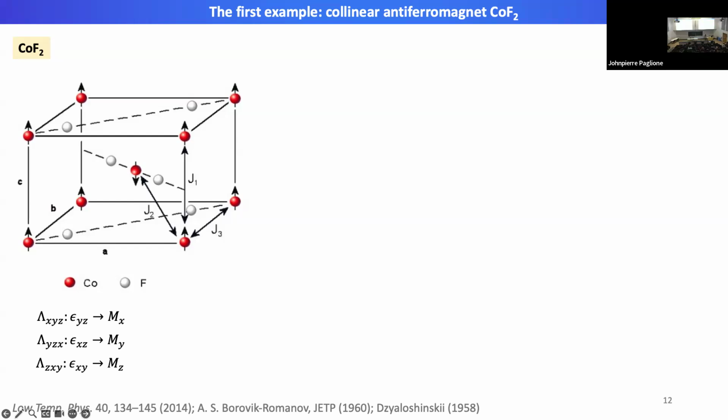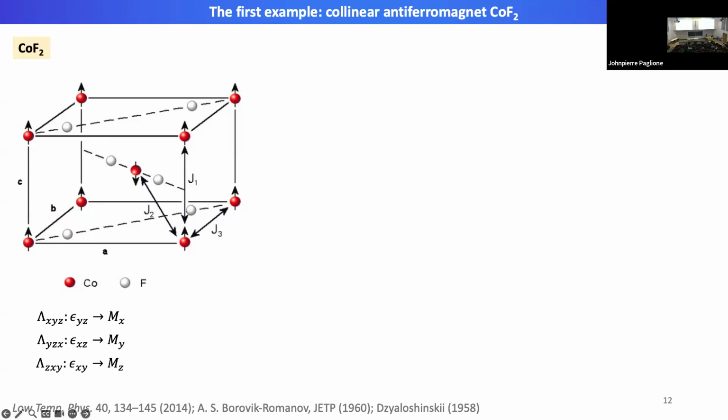Here you have a tetragonal crystal, and there are two kinds of cobalt sites where, at the corners of the squares, you have a spin up, while at the body center of this region, you have a spin down, right?